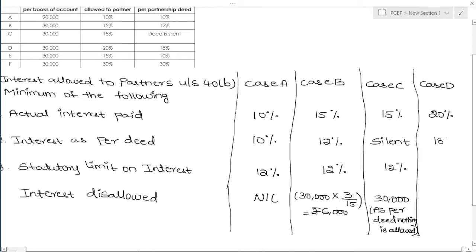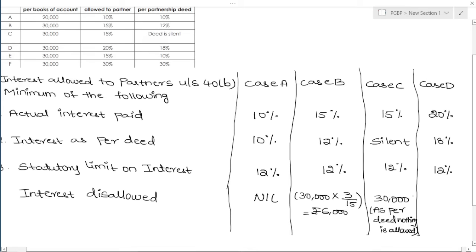So 20, 18 and 12. 20%, 18%, 12%. These three are right.